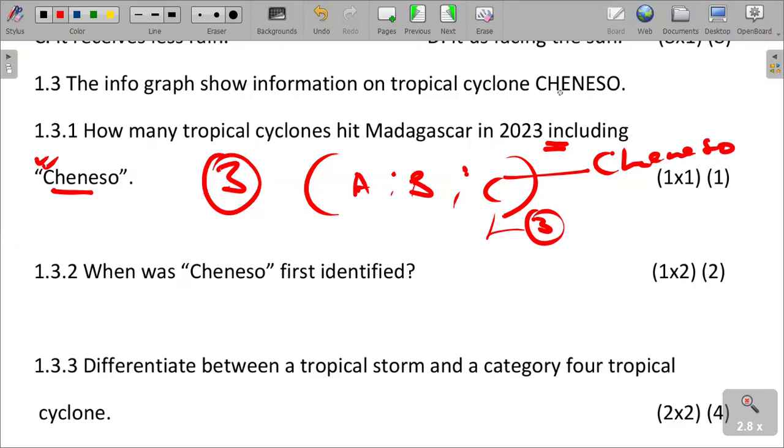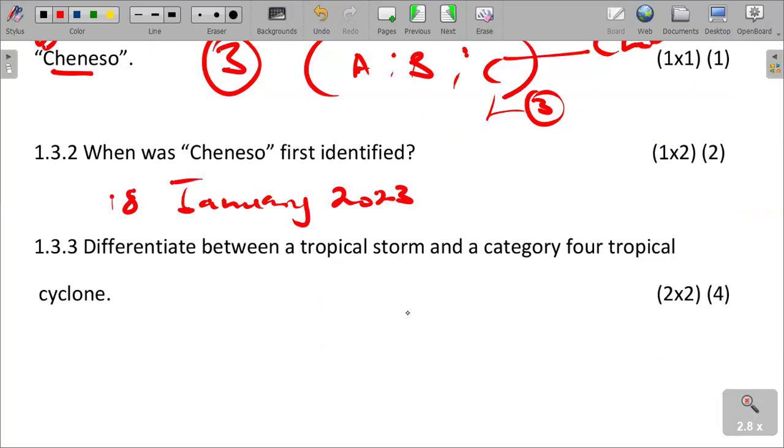The next question is about this cyclone; we can just read the essay there. It shows the time the cyclone was first identified, which was on the 18th of January 2023. Then we differentiate between a tropical storm and a category 4 tropical cyclone.